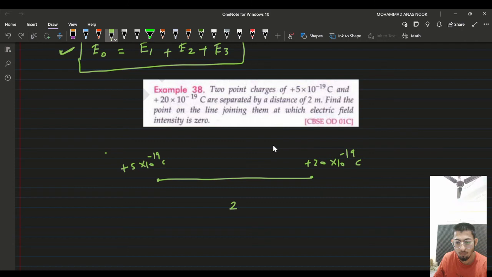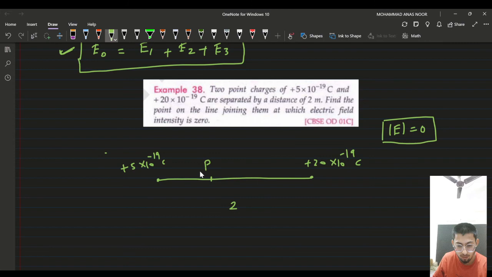We need to find a point on this line where the electric field intensity, meaning the magnitude of the electric field, is 0. Let us suppose this is the point P at which the electric field intensity is 0.